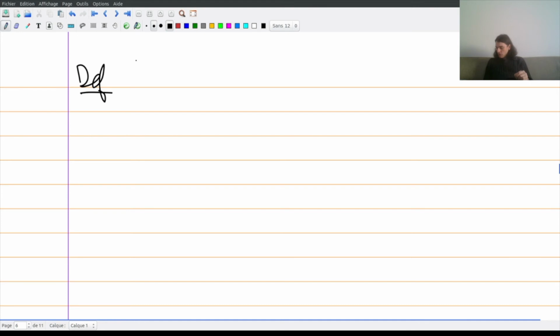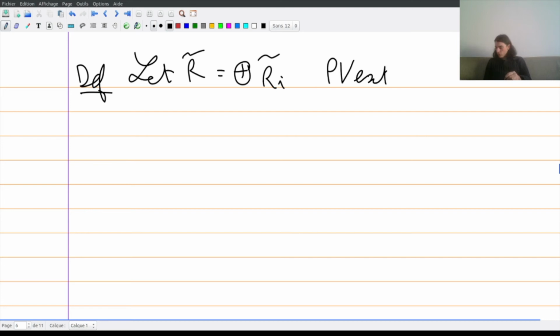So now let me state the Galois correspondence. So remind that you have a structure of direct sum of integral domains. So I may consider the field of fractions of the R tilde i.